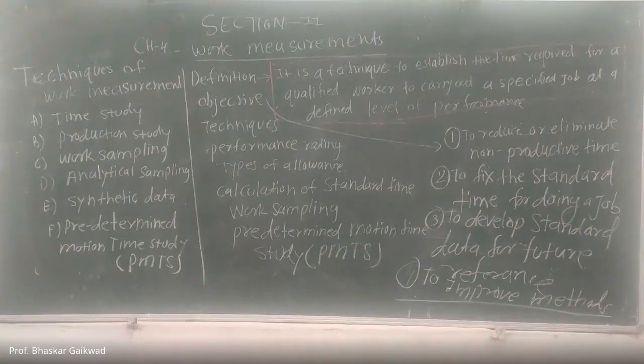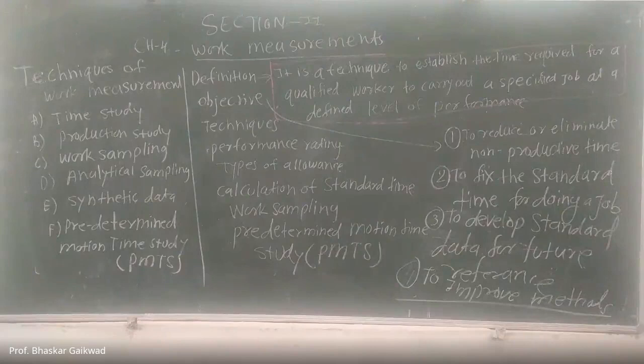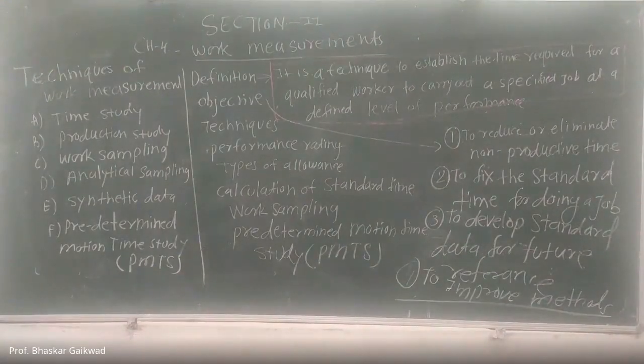So without work measurement, it is very critical to decide the selling price of that product also. Cost plays an important role in any manufacturing, so in order to estimate this cost, we require work measurement.